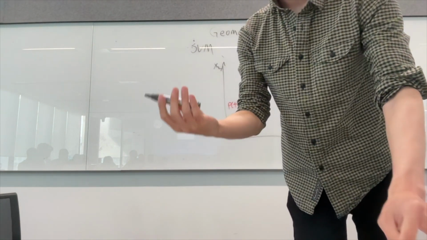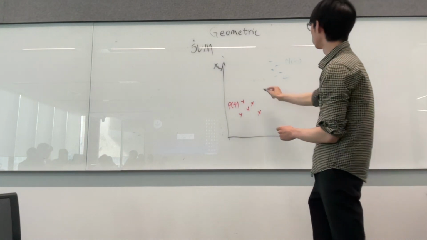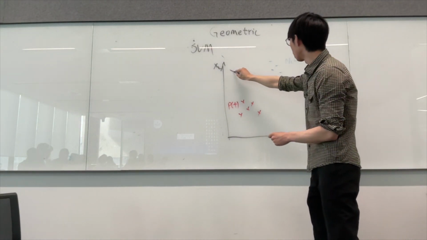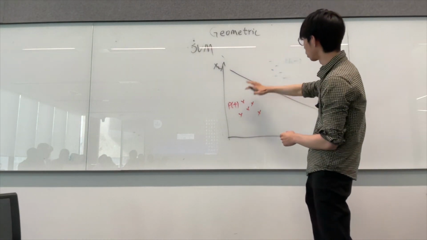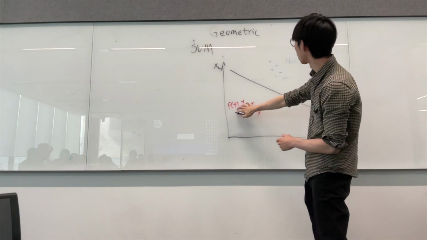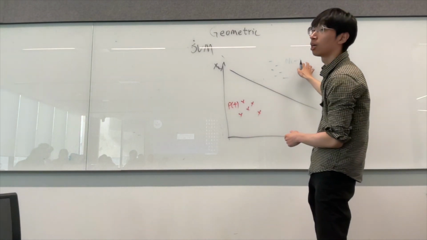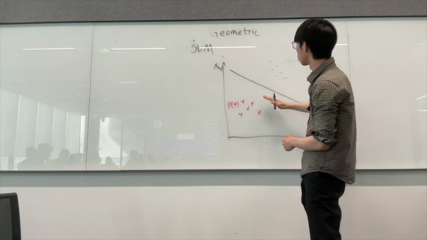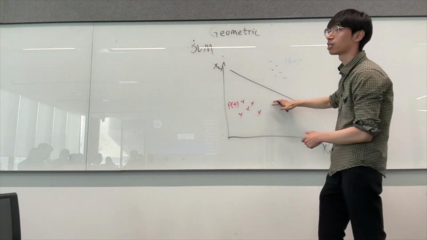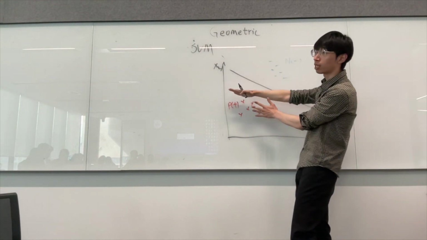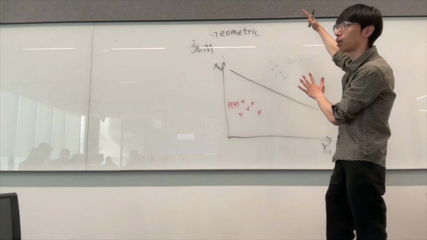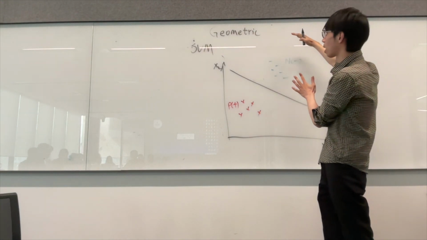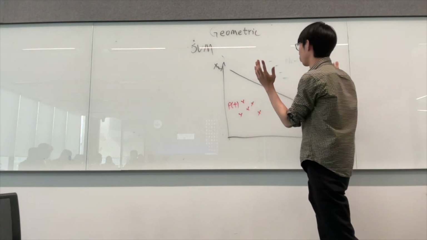So for the geometry, what do we want to do? We want to draw a line to separate the negative and positive. So next time a new point comes in, we can say if it belongs below this line, it's positive. If it's above this line, it's negative.